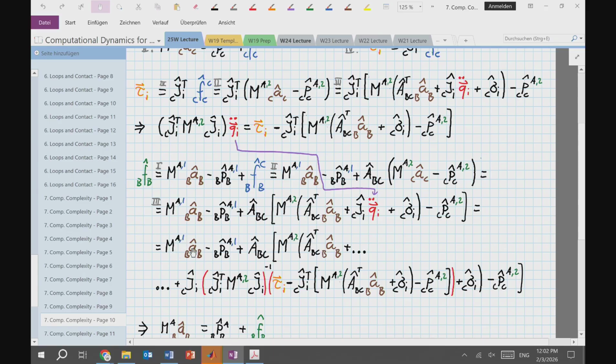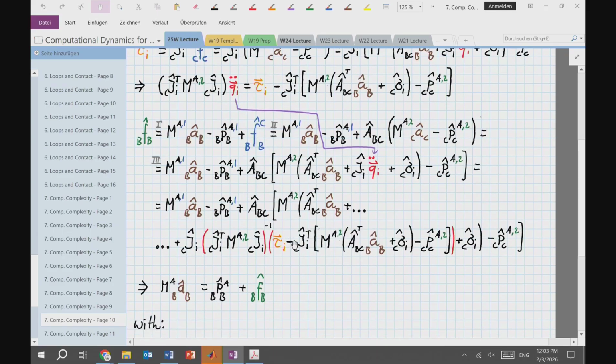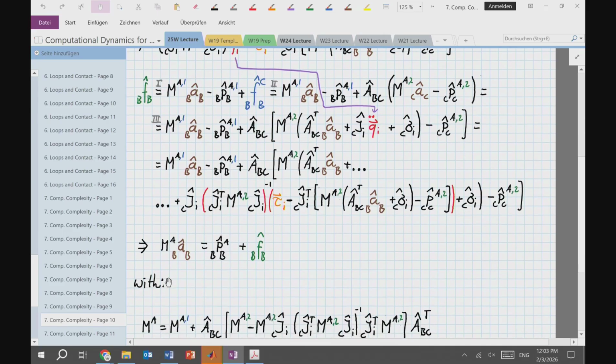And I see in front of that, I have a 6 by 6 matrix. In front of that, I have a forward transformation, 6 by 6 matrix, backward transformation. But together, this is also a 6 by 6 matrix. So in front of ABB, I have two 6 by 6 matrices that I can just add up to a 6 by 6 matrix. And I will call that MA.